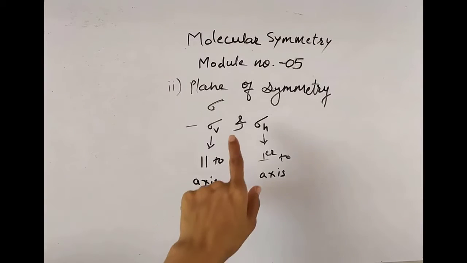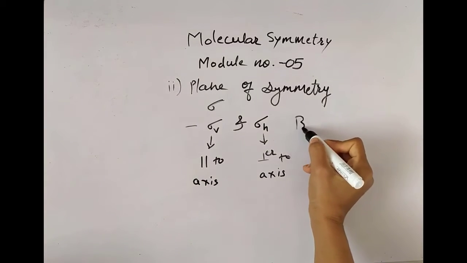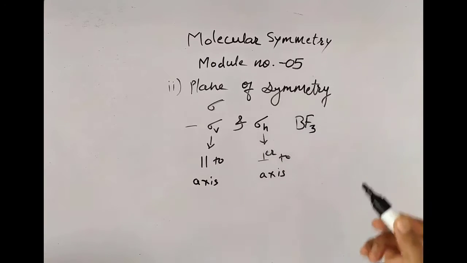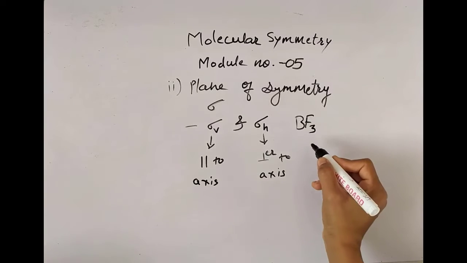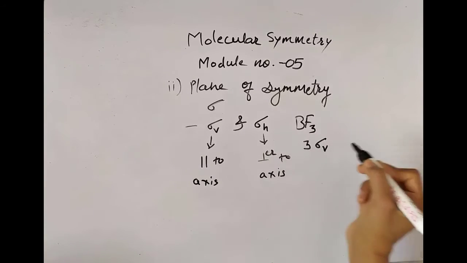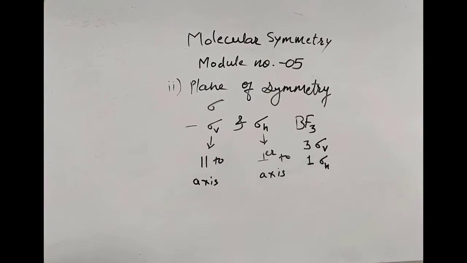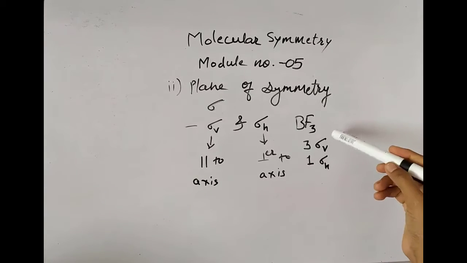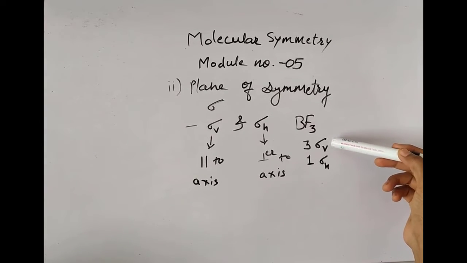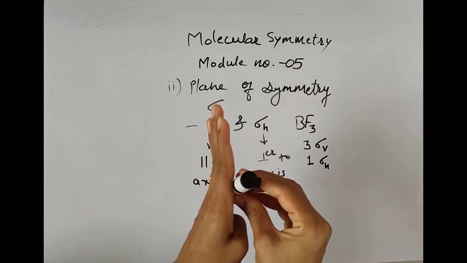In order to explain sigma v and sigma h, we have taken the example of the BF3 molecule. We have seen that in the BF3 molecule there are 3 sigma v and 1 sigma h. This means in the BF3 molecule there were 3 vertical planes that were parallel to the principal axis.